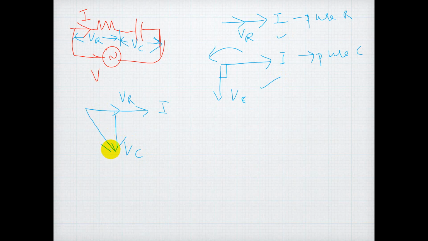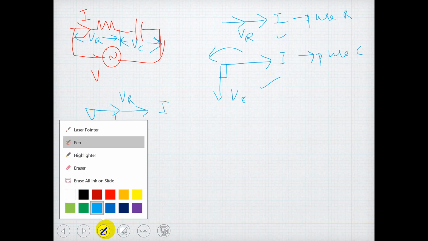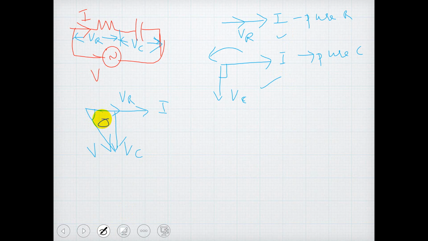So this total voltage now is your V. The phase difference between V and I is phi. So V is lagging I by an angle phi, since it is capacitive, so I is always leading here.